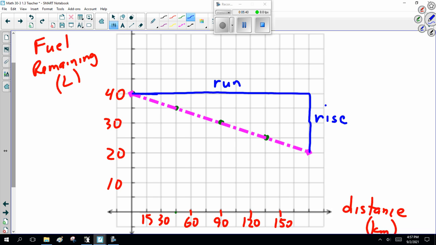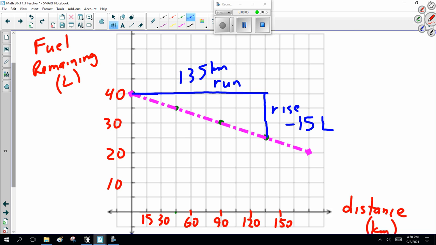I should stop here at the last data point. So for the run, we start at 0 and we go to 135 kilometers. And our rise is how much fuel is left, or minus 15 liters.